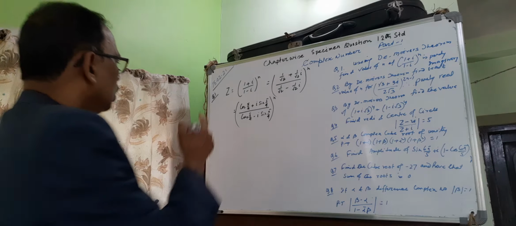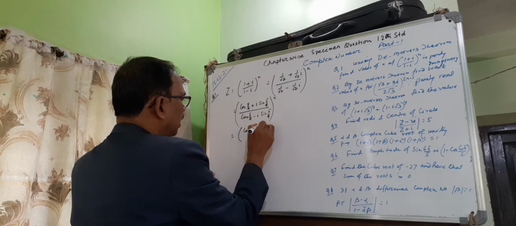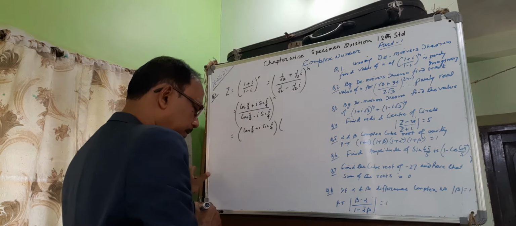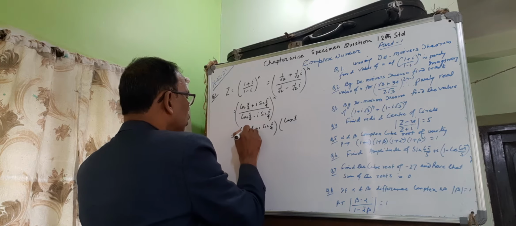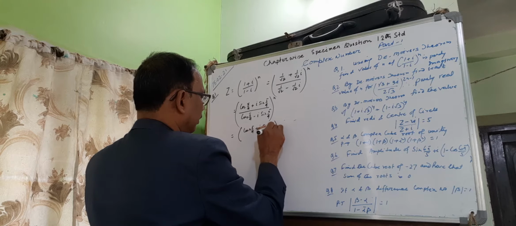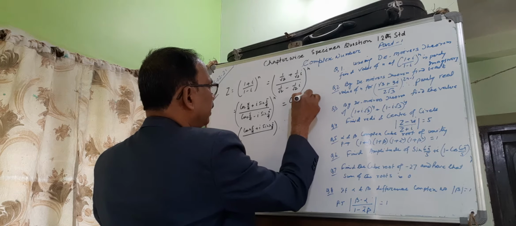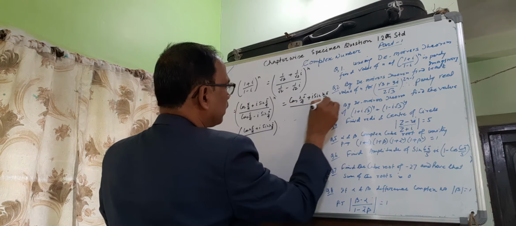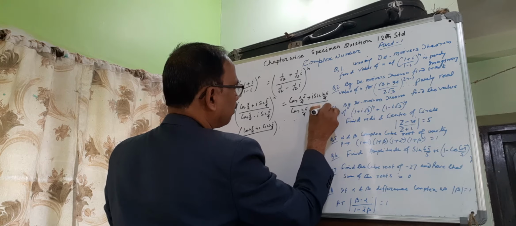Now, the numerator, cos pi by 4 plus i sin pi by 4, to the power n, we can write as cos n pi by 4 plus i sin n pi by 4, over the denominator, which by De Moivre's theorem is cos n pi by 4 minus i sin n pi by 4.